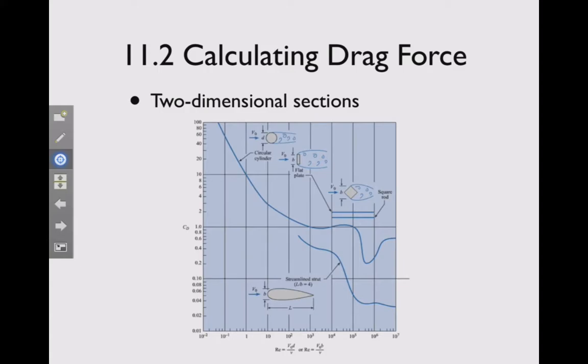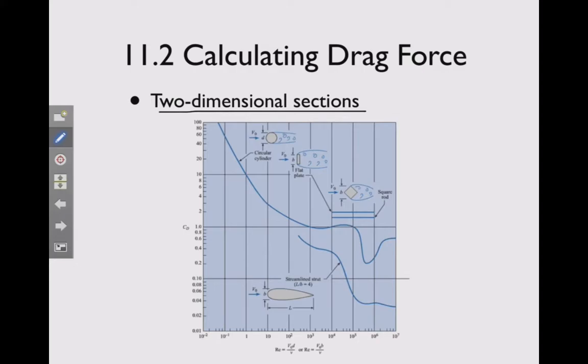So another couple of things I wanted to say are some definitions. These are called two-dimensional sections, and they're kind of idealizations. They're assumed to be a uniform section area where the flow is independent of the ends of the objects.